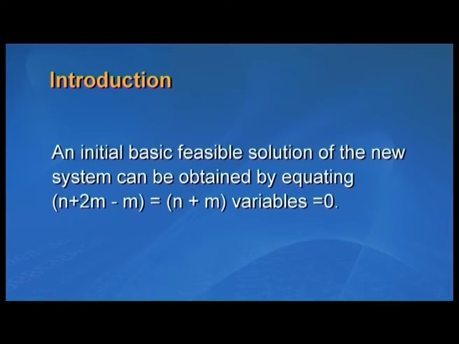An initial basic feasible solution of the new system can be obtained by equating n plus 2m minus m, that is, n plus m variables, equal to 0.